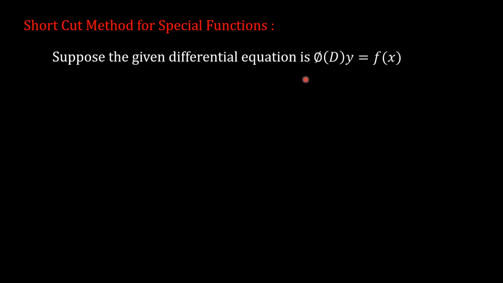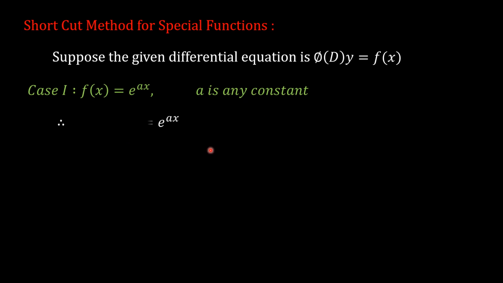Suppose the given differential equation is phi of D of y is equal to f of x, and this f of x is the function e raised to ax, where a is any constant. Hence the given differential equation becomes phi of D of y is equal to e raised to ax.